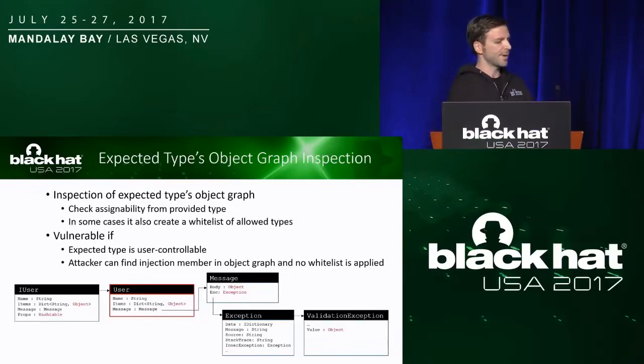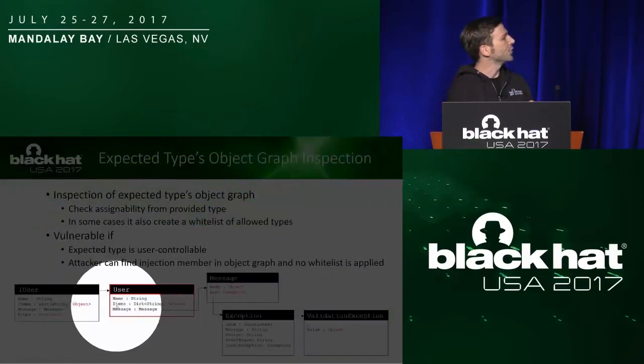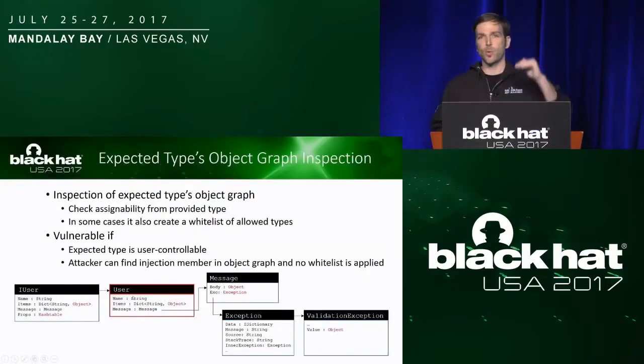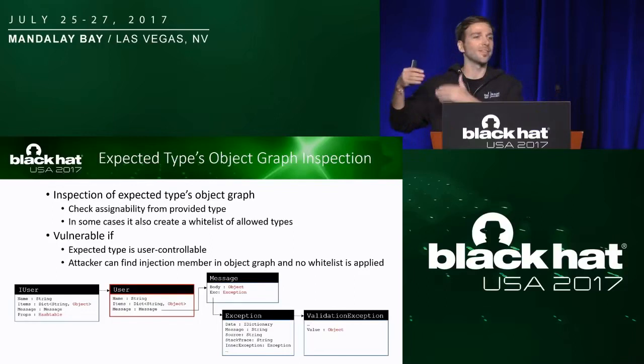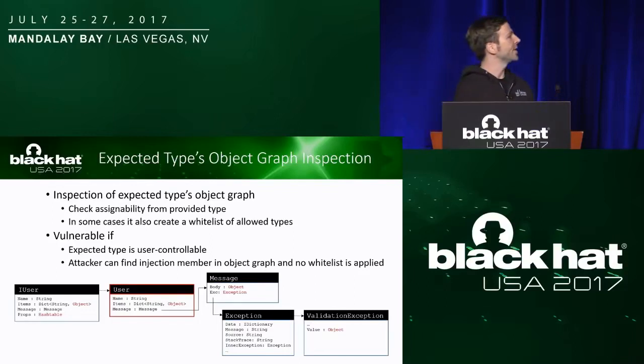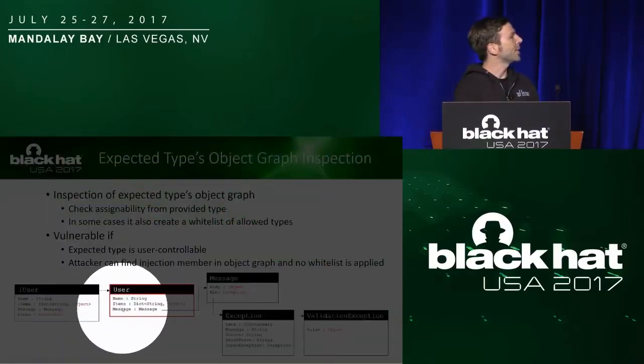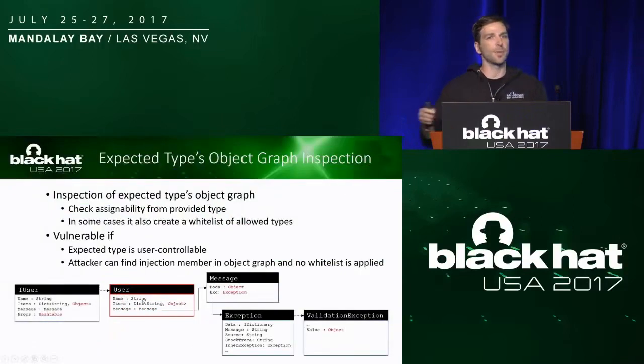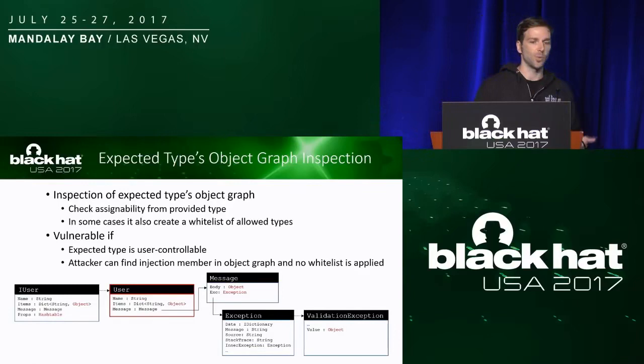So for example, the library may be expecting a user type, and then it will recursively analyze the object graph, and when deserializing from the JSON data, it will check if the expected type is assignable from what the attacker or the user is sending. So for example, if the library expects a string and we provide something like an ObjectDataProvider, which is our gadget, then the library will throw an exception and fail to deserialize the data.